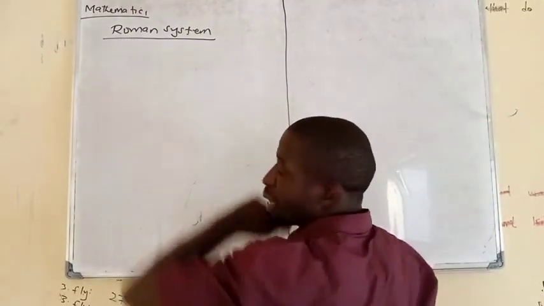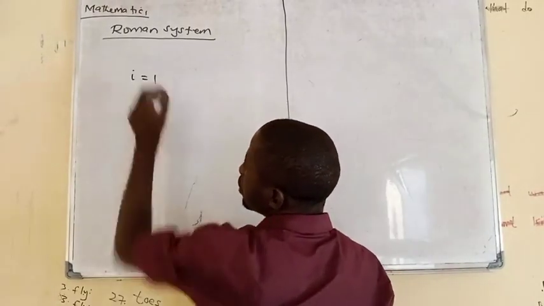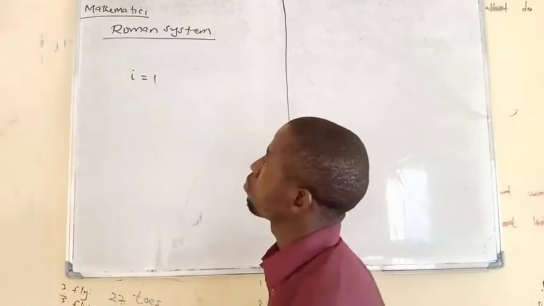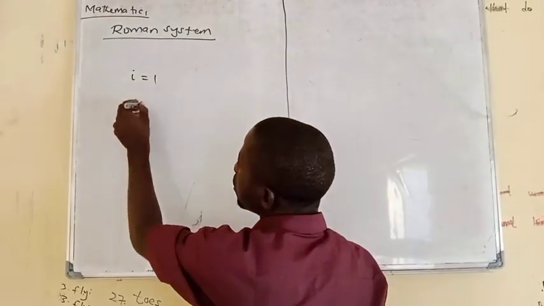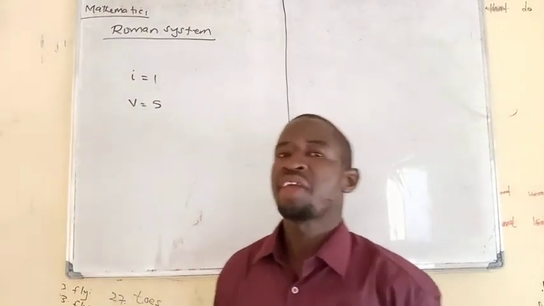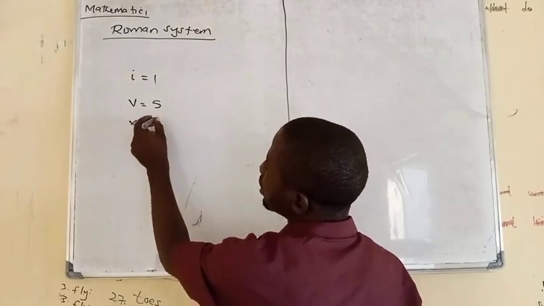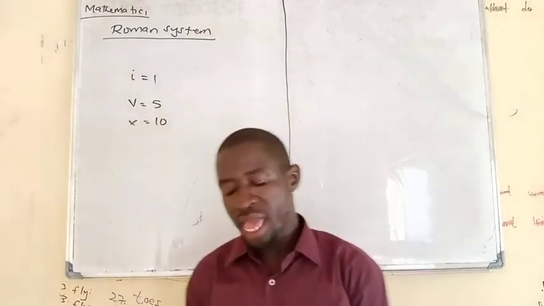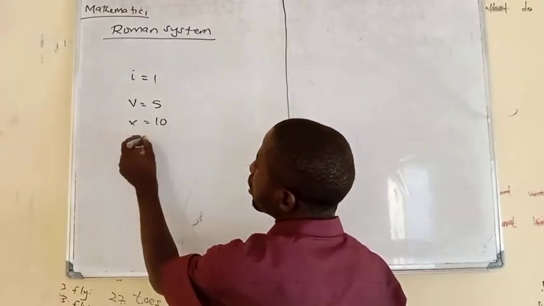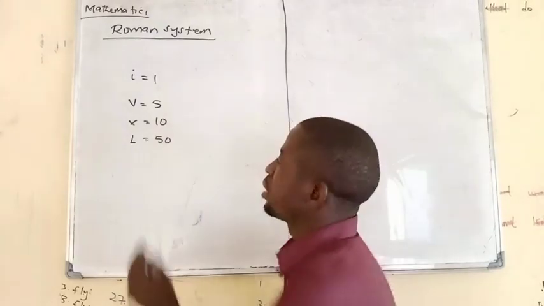In the Roman system, I is 1. This letter I means 1. Then V means 5. Then X means 10. Then L means 50.